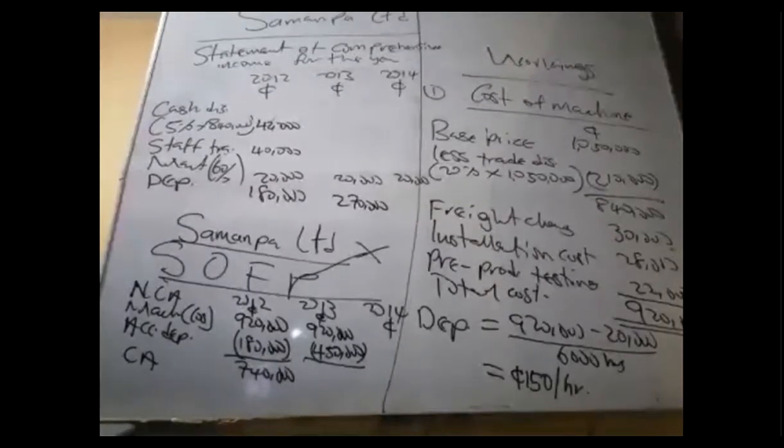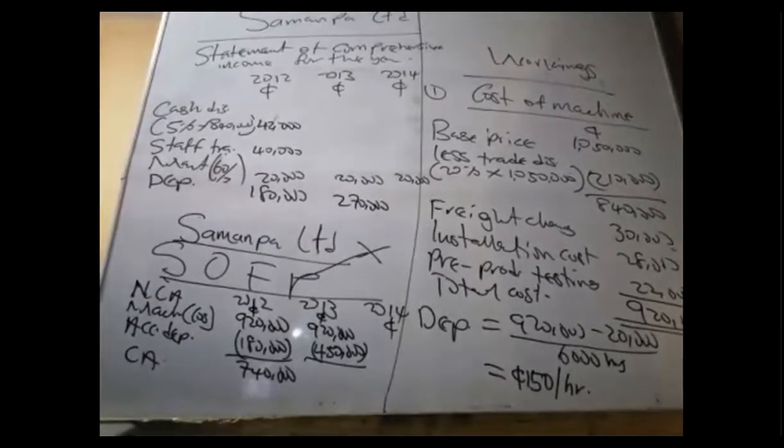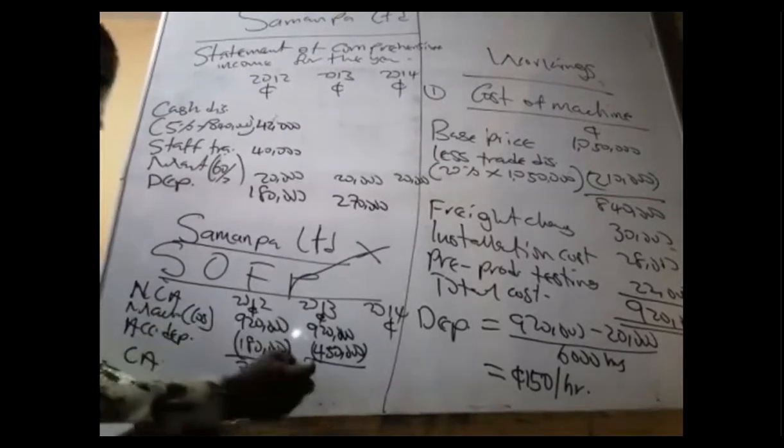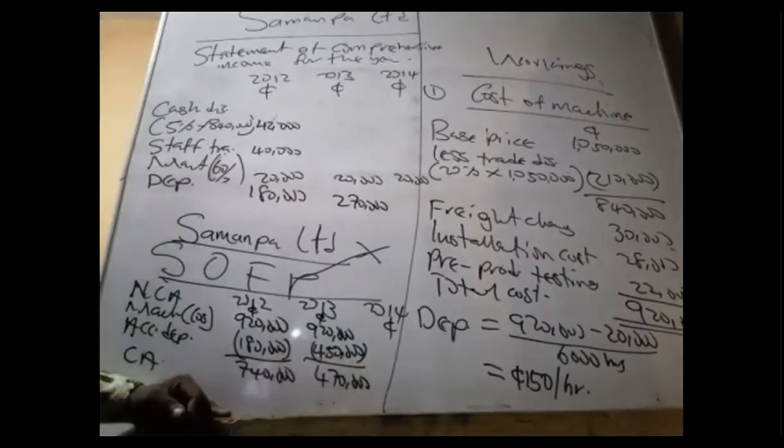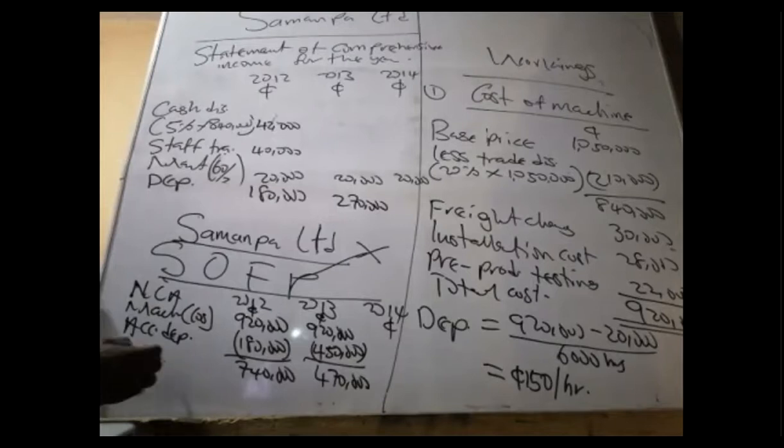Then we take 270 from it, 470 for year 2. So that's the carrying amount of the asset.